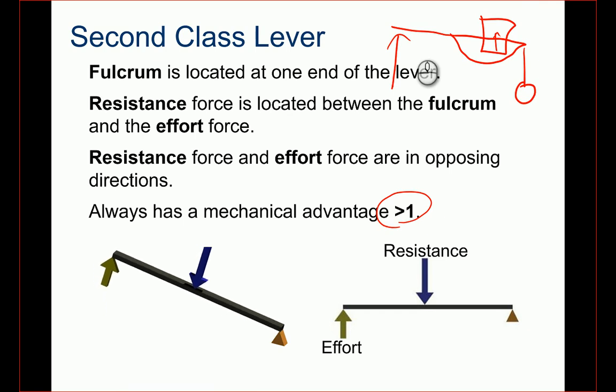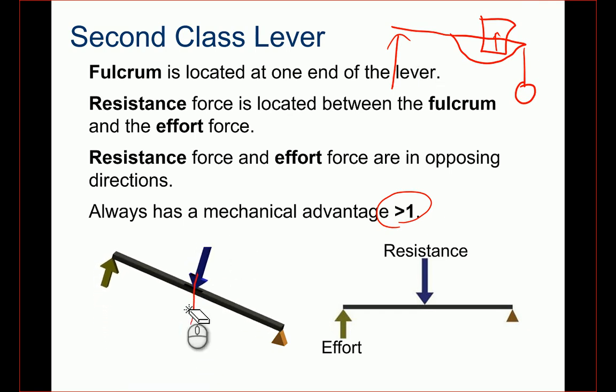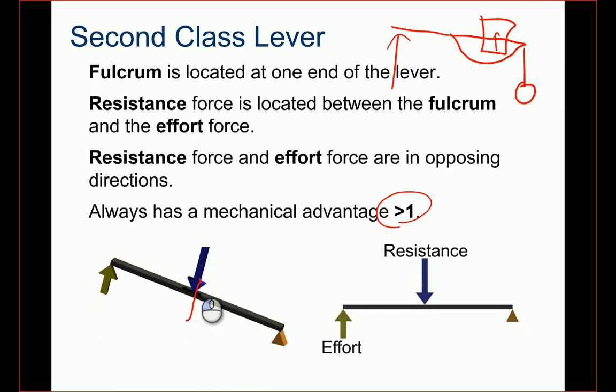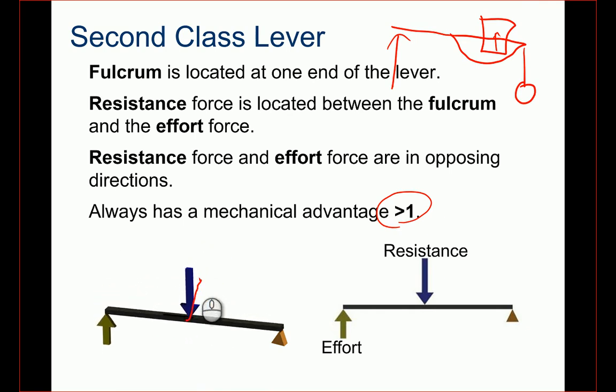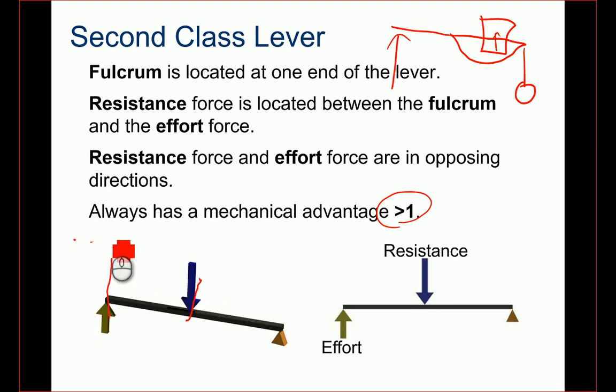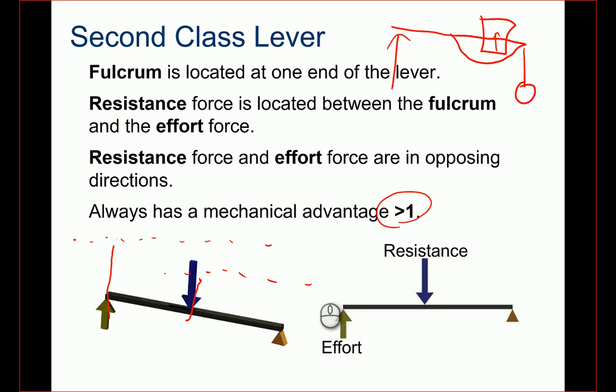If you look at here, this line indicates where this traveled, while simultaneously this line indicates where my effort force traveled. Which one is longer? That's right, the effort force is. Remember, if I'm making my life easier with how much force I have to put in the system, I'm losing out on the distance I have to travel, which means the distance I have to move will be greater.